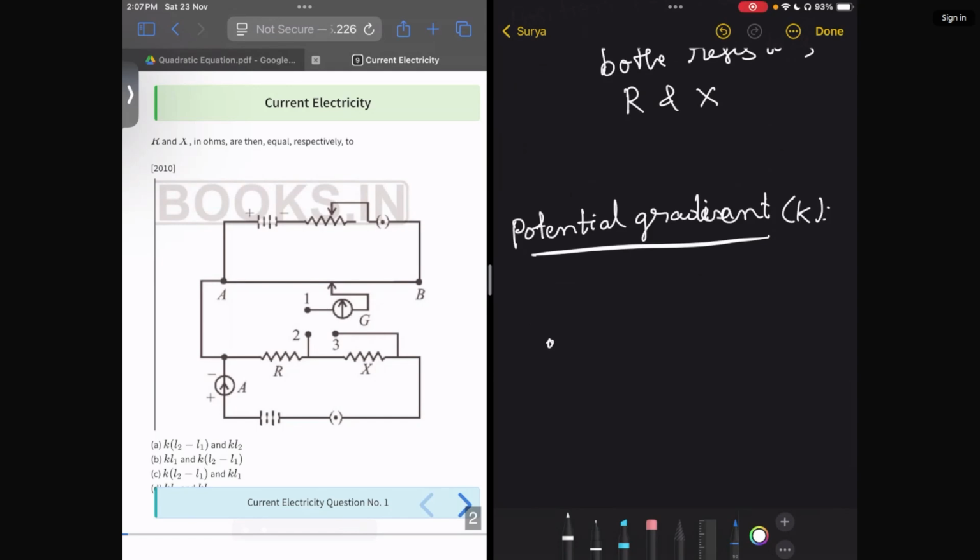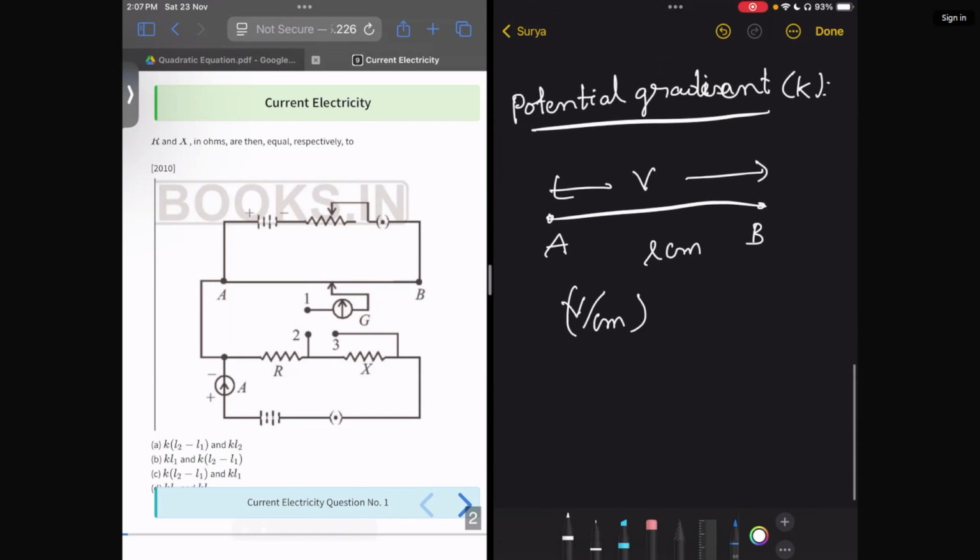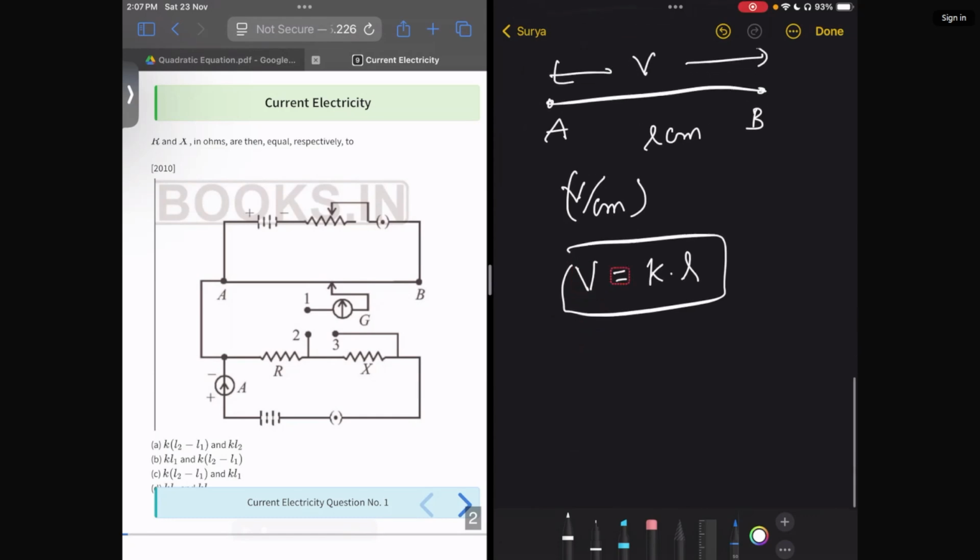Suppose the voltage is V and the length is L centimeter, so it is V per centimeter, volts per centimeter. That tells us the potential gradient K. Then along the length of the wire, V is equal to K into L.